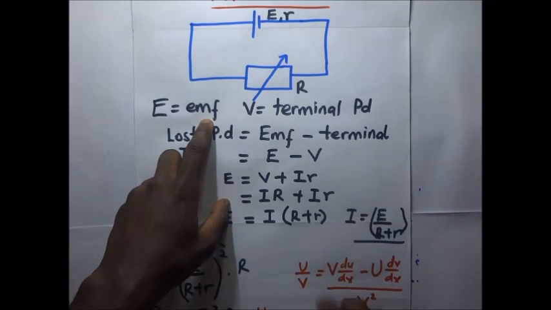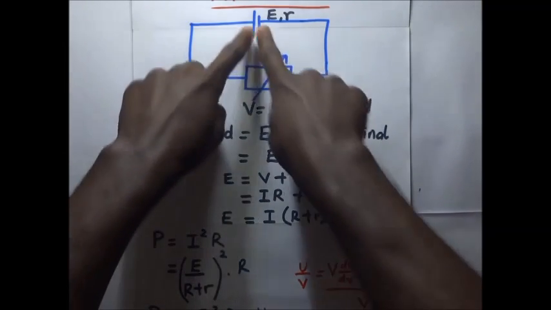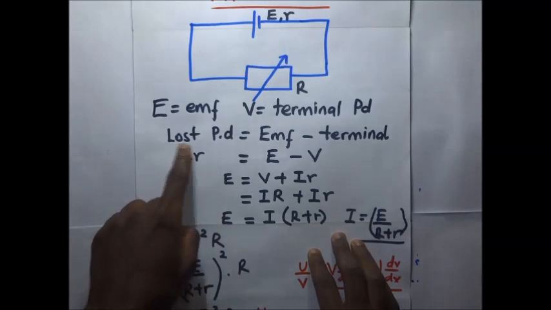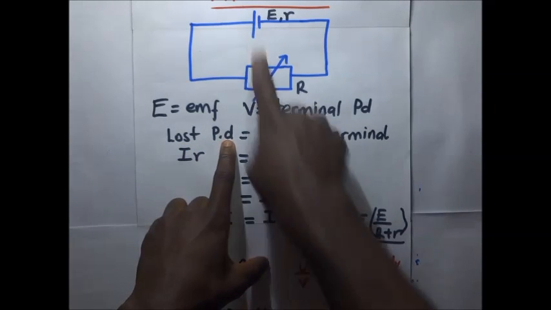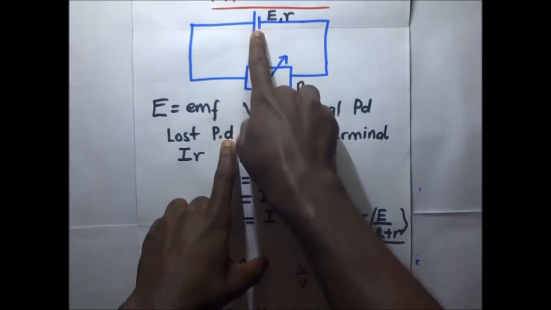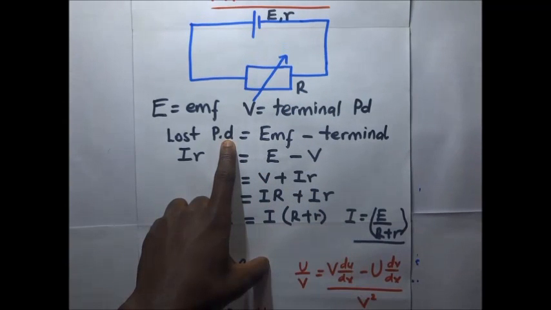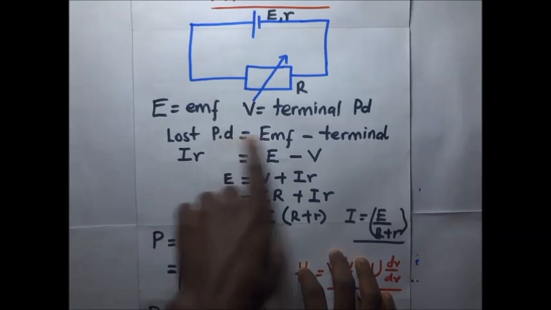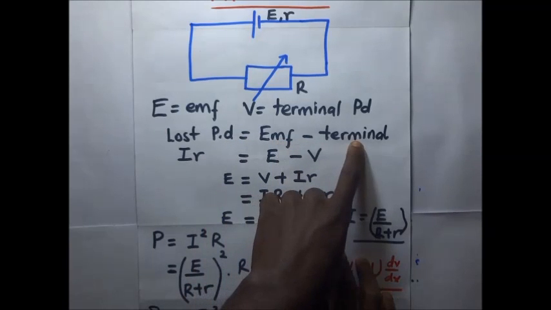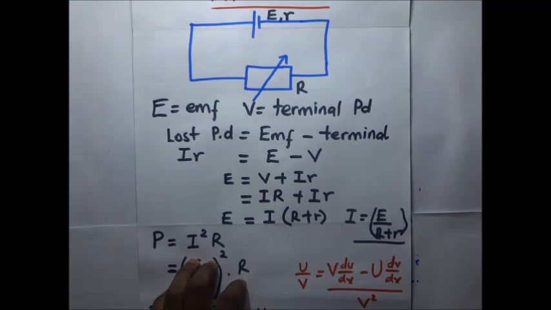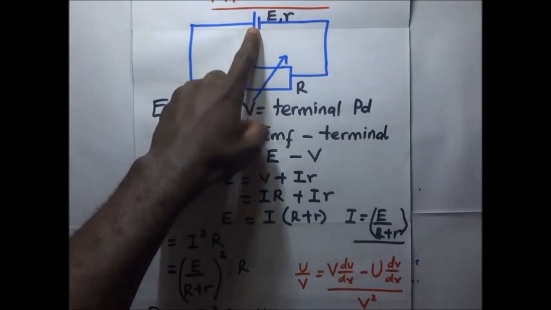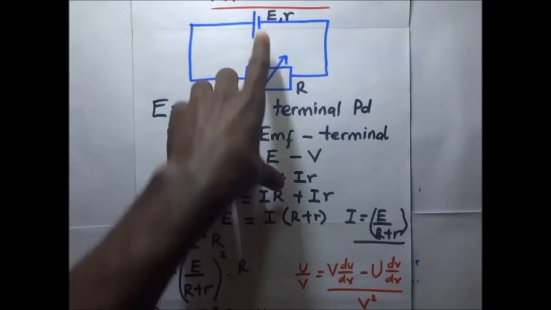E is EMF, V is the terminal potential difference across those terminals, and the lost potential difference is going to be equal to the EMF minus the terminal PD. In our previous videos, we said that EMF is the potential difference across the terminals of a cell when there is no current flowing out of this cell.